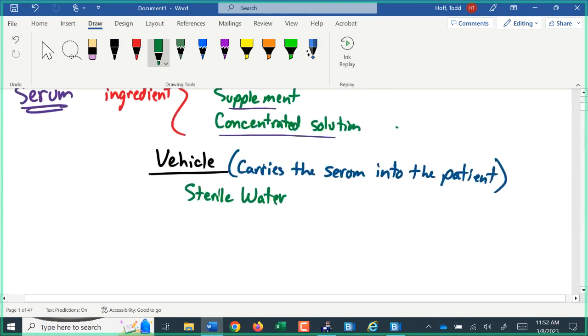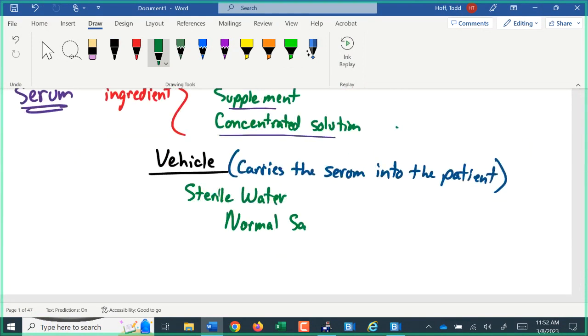And the sterile water used could be something called normal saline. Normal saline, or normalized saline, is just a saline that has been pH balanced. It's sterile water with some electrolytes put into it, so it matches the pH of the human body. Or it can be some other substance that's not necessarily just water, but it's a neutral solution.